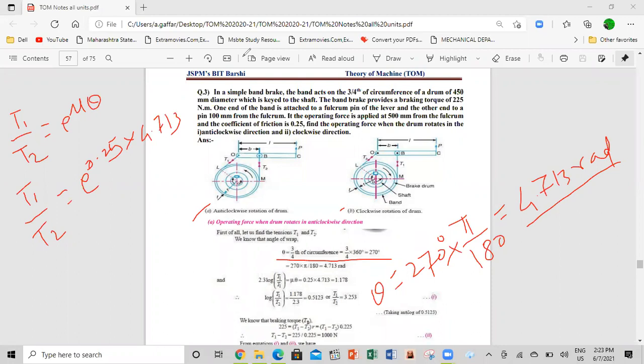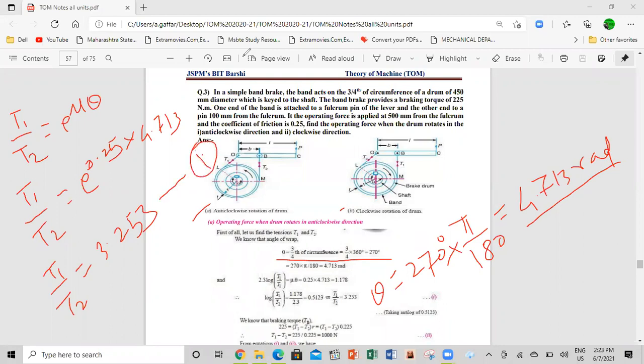So we get T1 upon T2 is equal to 3.253. Call this equation number 1.